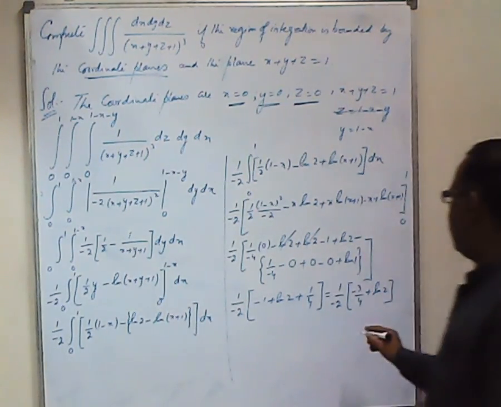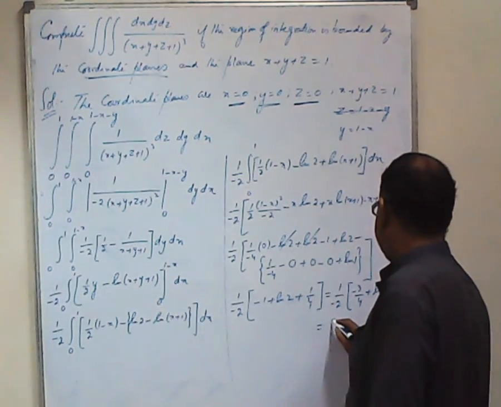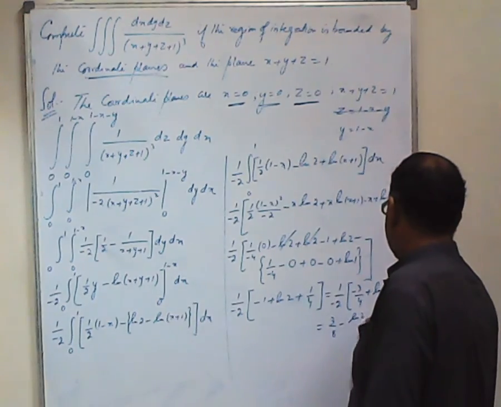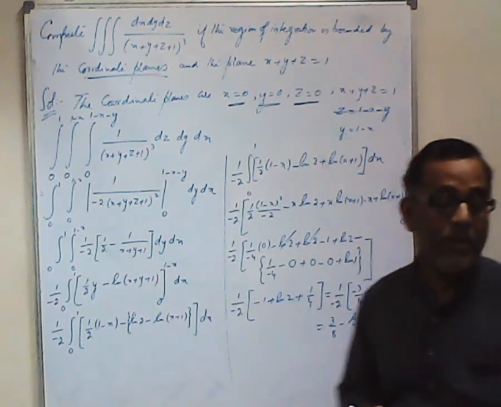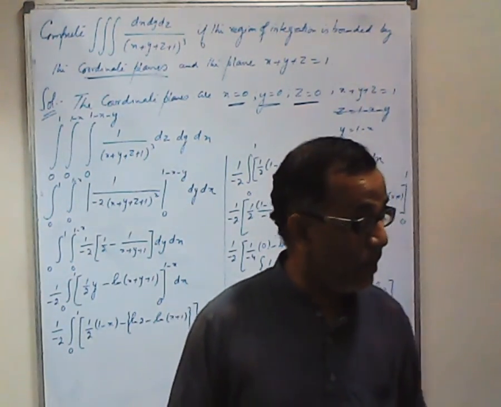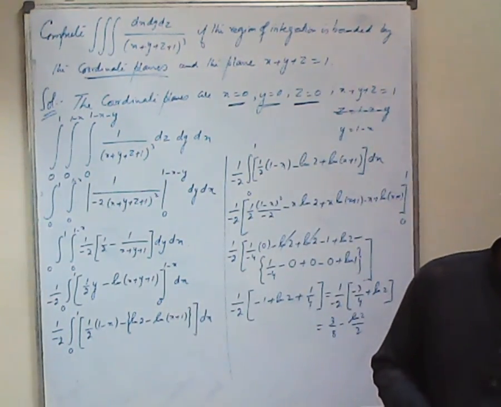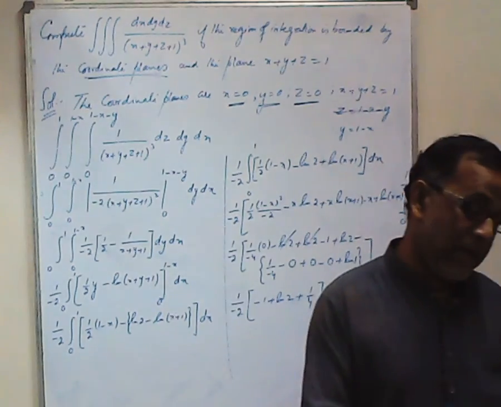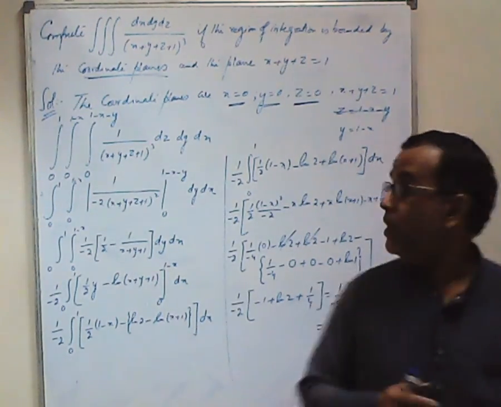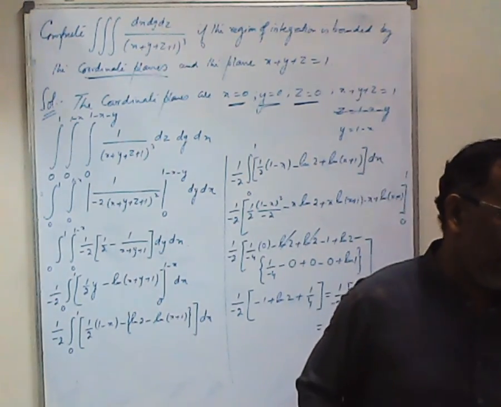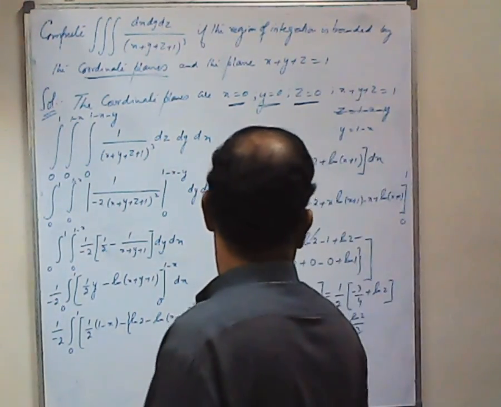So if I multiply it with this one, I will find that it is 3 upon 8 minus log 2 upon 2. What I find is 3 over 8 and log 2 upon 2.